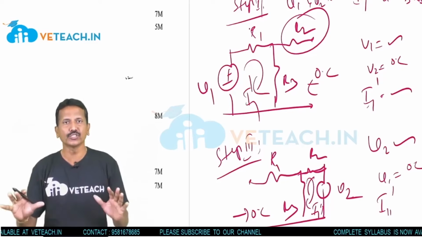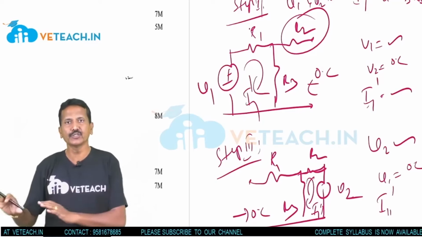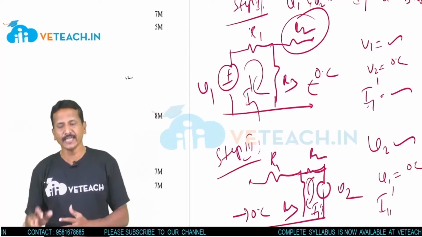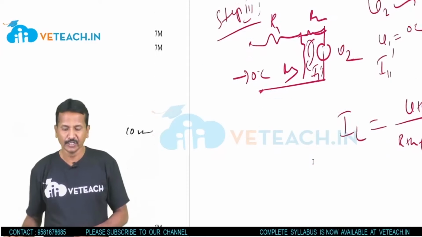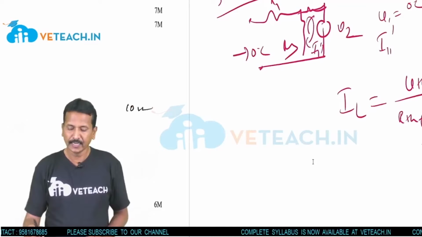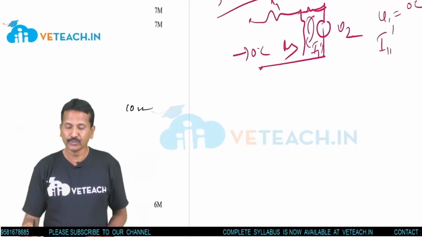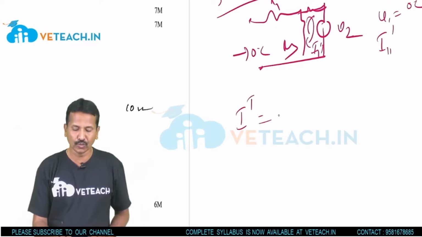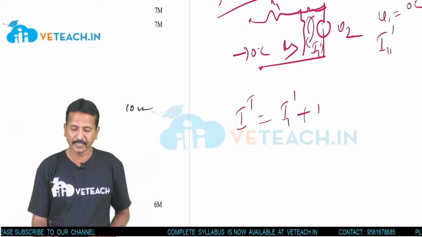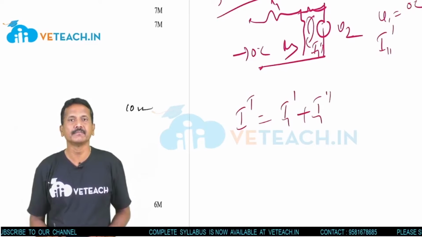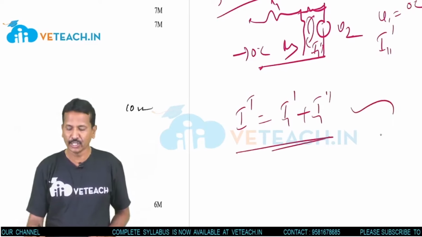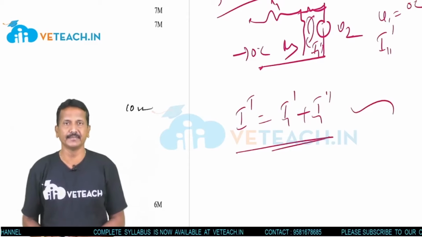Okay, first of all, two sources, total current; removing a source, finding new current I1 dash; and again removing the other source, finding I1 double dash. So the condition to verify the superposition theorem is that I total is equal to I1 dash plus I1 double dash. Then only the theorem is verified.